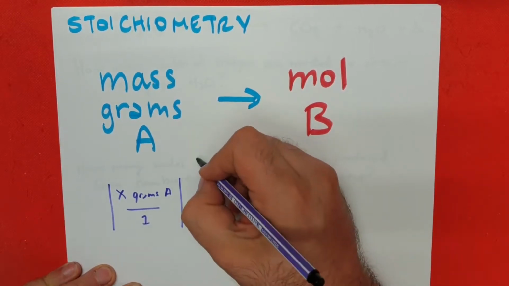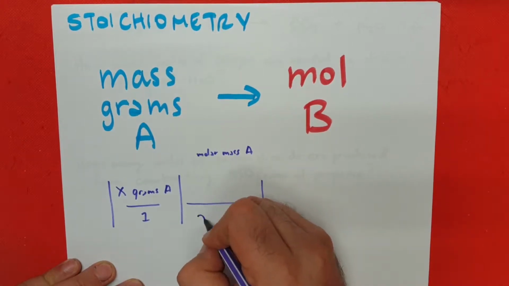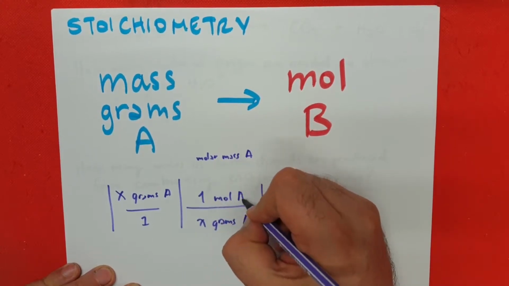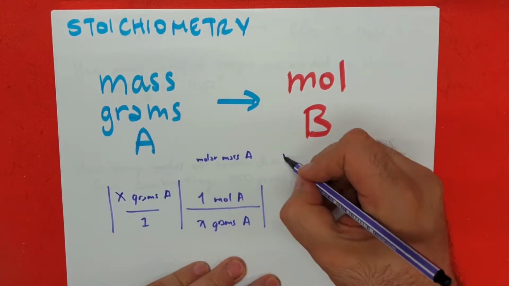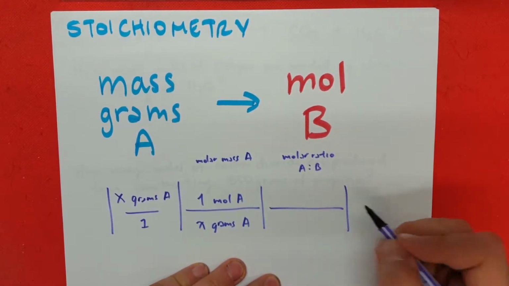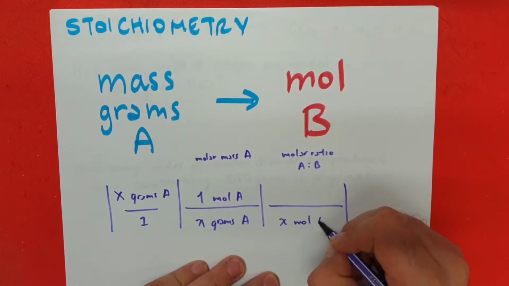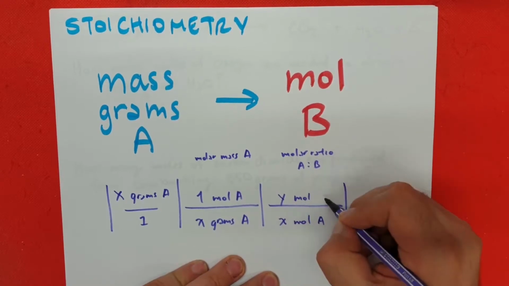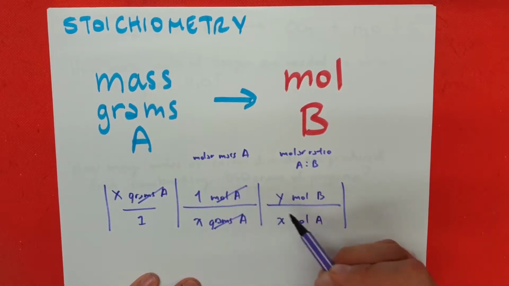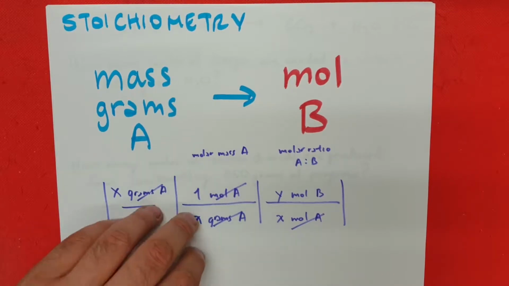In this step, we need the molar mass of A, expressed as X grams of A per 1 mole of A. And my third factor is the molar ratio of A to B that we get from the balanced chemical equation, where we have X moles of A over Y moles of B. Everything is going to cancel out: grams of A with grams of A, moles of A with moles of A, and we get our target unit, which is moles of B. So let's get at it.